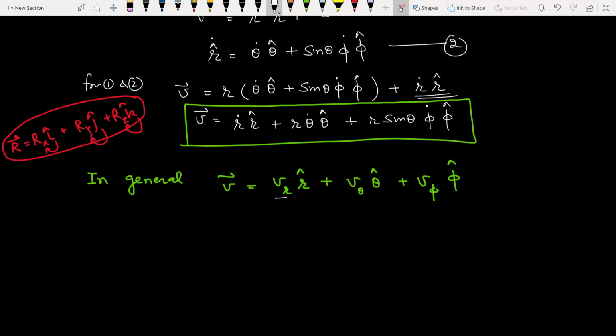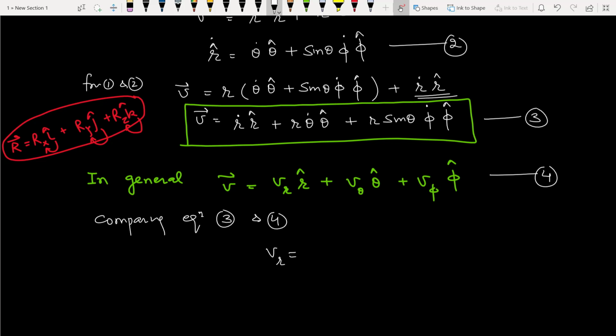Similarly here Vr, V theta, V phi are the components of velocity vector in the directions of r cap, theta cap and phi cap. So comparing equation number 3 and 4, we get Vr equal to r dot, V theta equal to r theta dot, V phi equal to r sin theta phi dot.